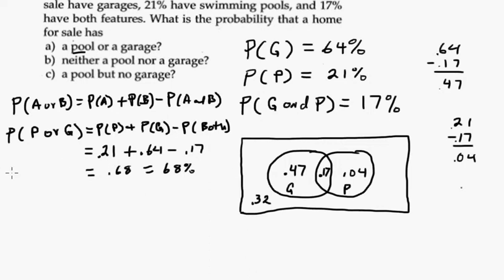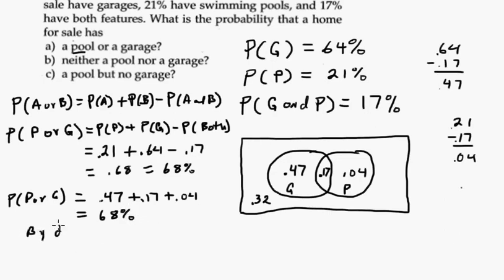The other way is to say the probability of P or G, by the diagram, is 0.47 plus 0.17 plus 0.04. And you're going to get the same thing, 68%. But here you would want to say by the diagram. Okay, so this is problem A.